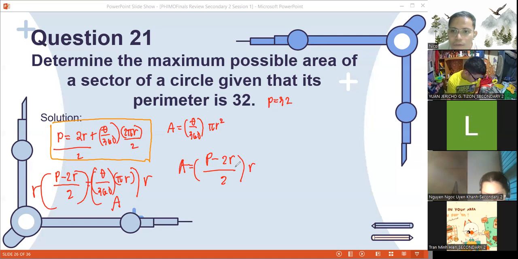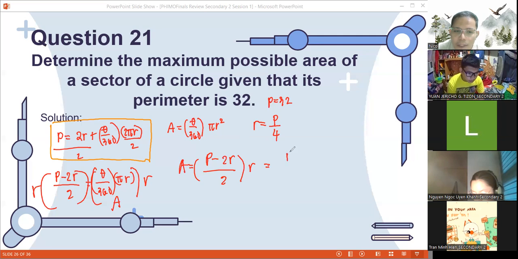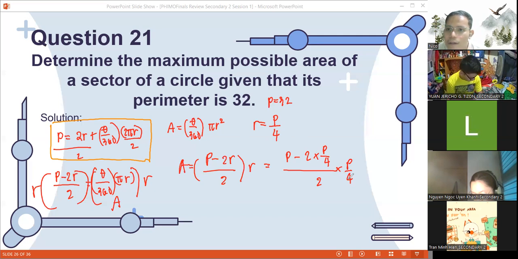Now, we need to solve for r. Take note that the r is just equal to P over 4. So let's rewrite this: P minus 2 times P over 4, over 2, times P over 4.